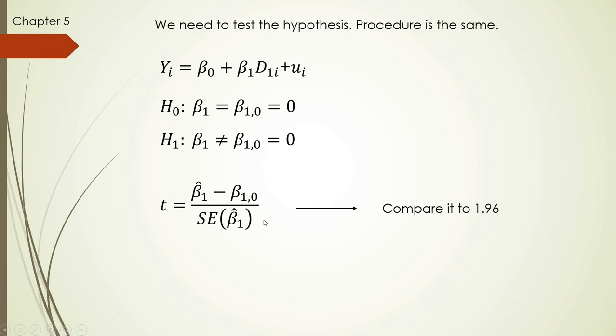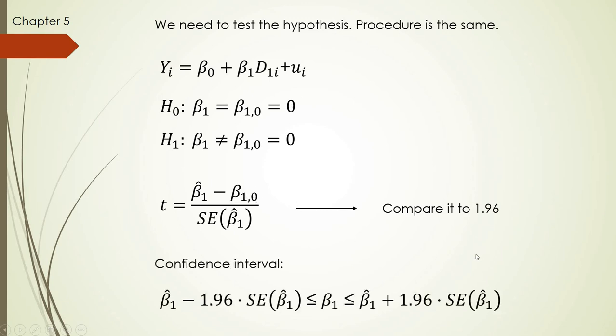We will have the standard error, and the value of beta 1 hat. We already know that beta 1 null is 0. We can also calculate the confidence interval for beta 1 in the population, the limits in which we can expect the average difference between these two groups to be when it comes to their test scores.